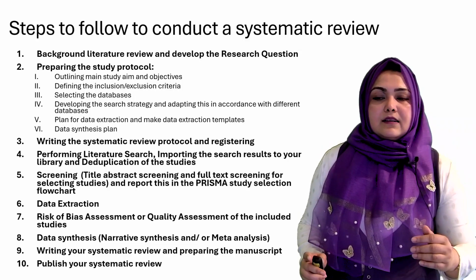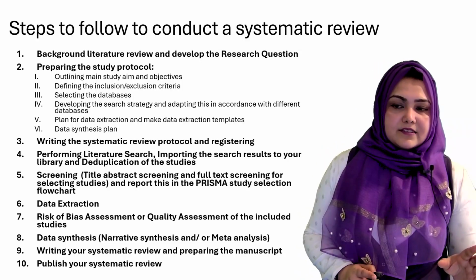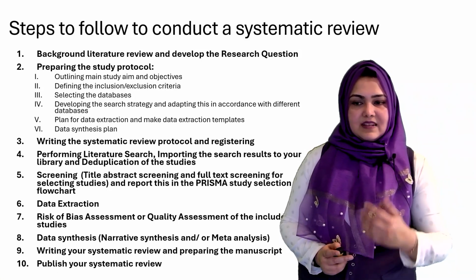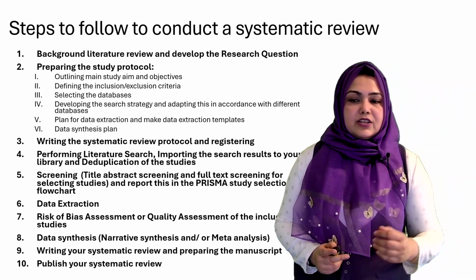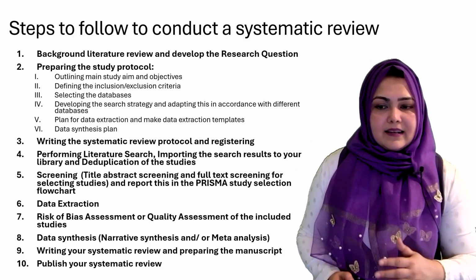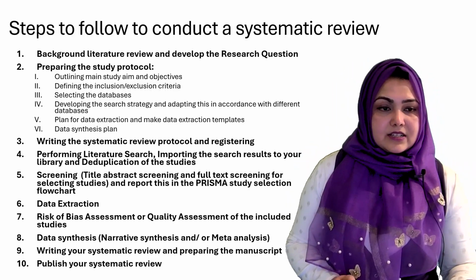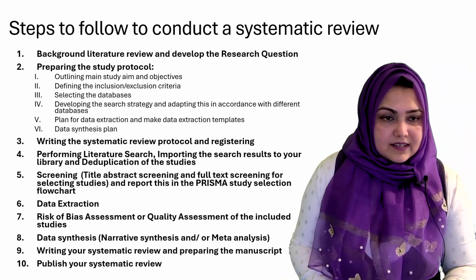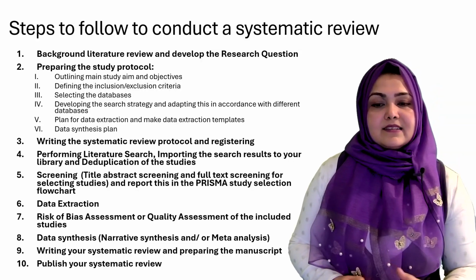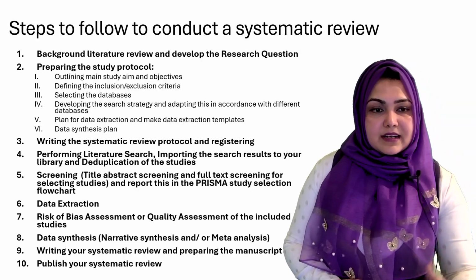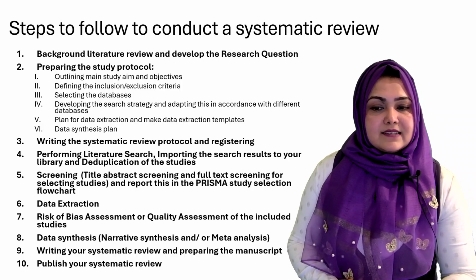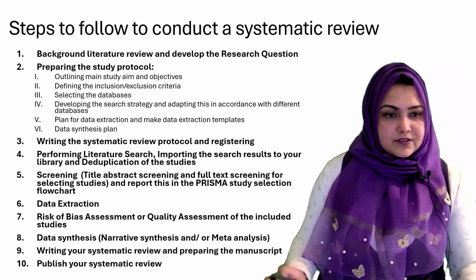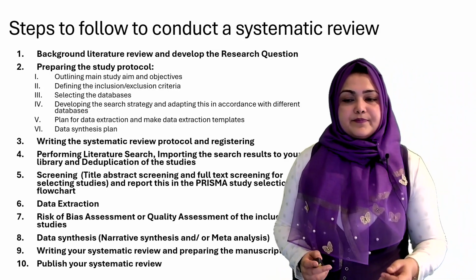And then after conducting the risk of bias assessment, you need to move to the data synthesis stage, stage 8, and you need to plan, based on the data that you got, whether you will be able to do a meta-analysis, because for conducting a meta-analysis, you need to get similar kind of studies, similar kind of outcomes. If not, then you might only need to conduct the narrative synthesis of your study result.